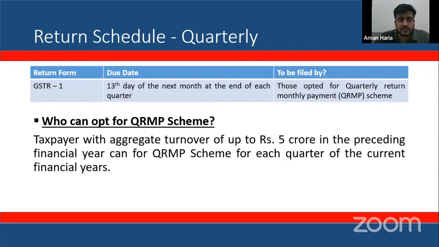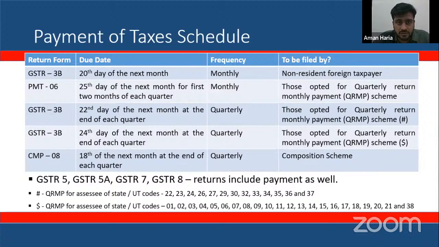So with that done, the next aspect that we are going to cover is payment of taxes and what is the schedule for payment of taxes. Though we have been filing GST returns for almost 5 years now, close to 60 months, before actually going into the details for payment of taxes, I would like to highlight that GSTR1 and the previous forms that we discussed were specifically related to highlighting invoice-wise details of your outward supplies, or specifically for TDS TCS, those transactions on which TDS TCS was applicable.